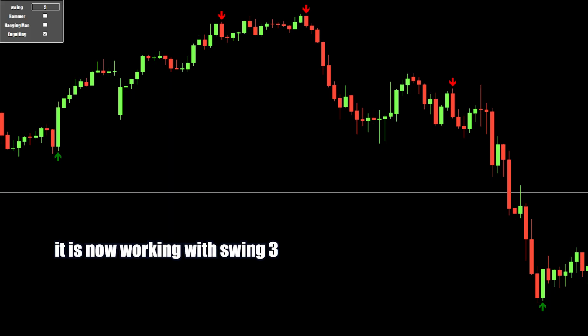This shows strong institutional participation, and it's a real movement, not noise. Third, the low of these two candles should be the lowest price within the last 5 to 10 candles. When these conditions are aligned, engulfing signals become far more reliable.